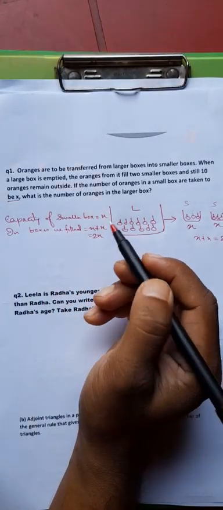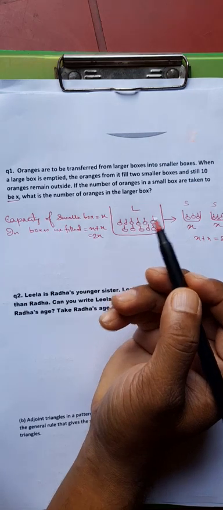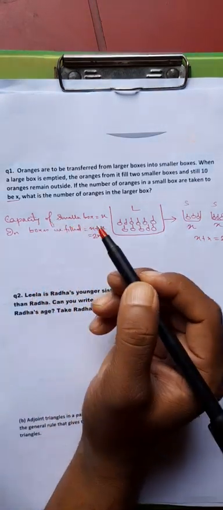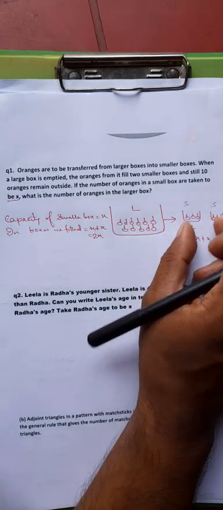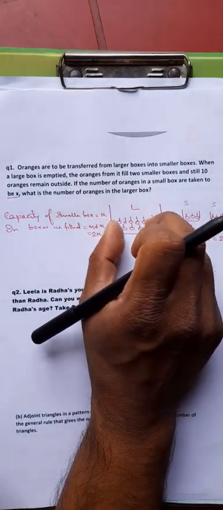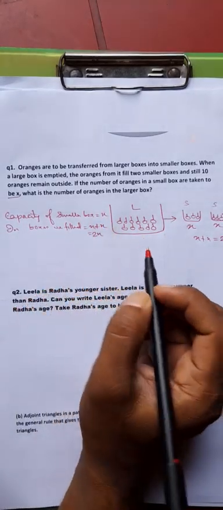Now it says after the smaller boxes are filled up, still 10 oranges remain outside. Means they don't have the capacity to hold the entire oranges in the larger box. 10 oranges are still remaining outside.